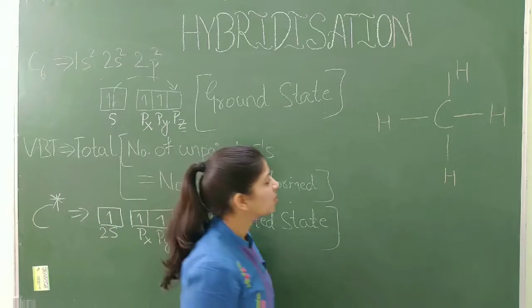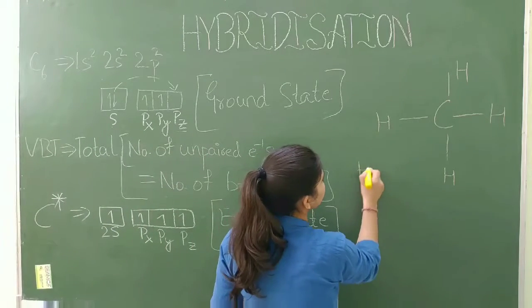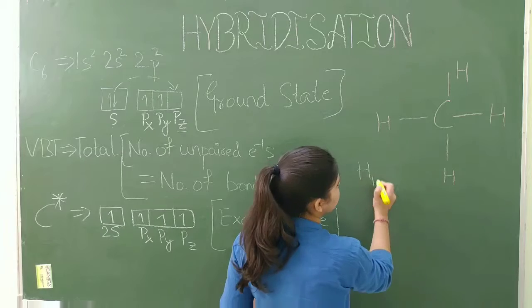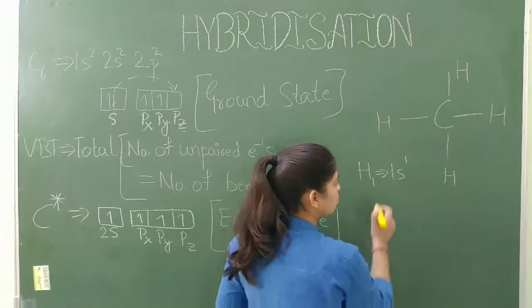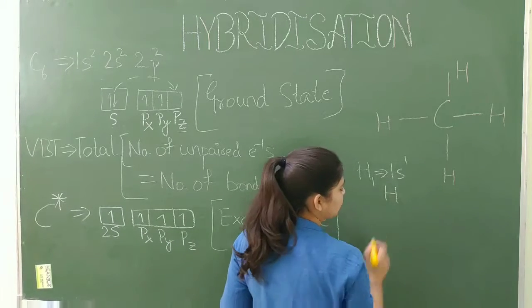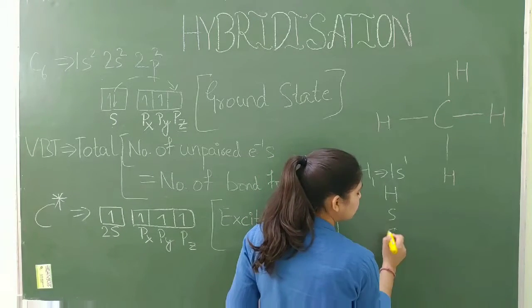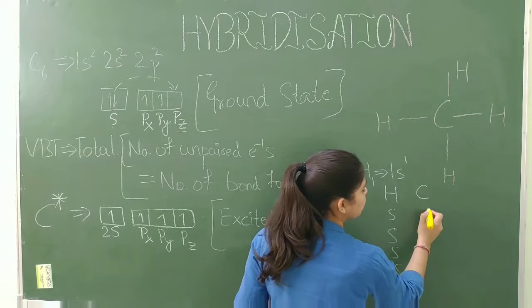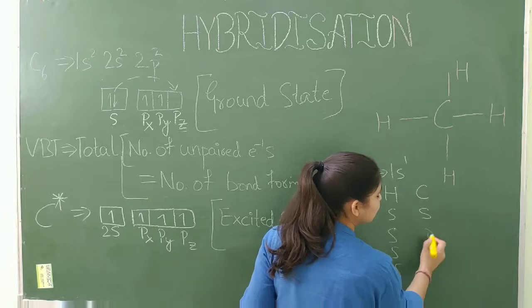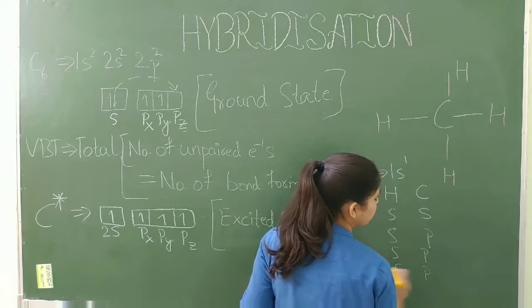Okay, there is one more problem. The atomic number of hydrogen is 1 and the electronic configuration is 1s1. So hydrogen has only an s orbital, but carbon has an s orbital as well as a p orbital.